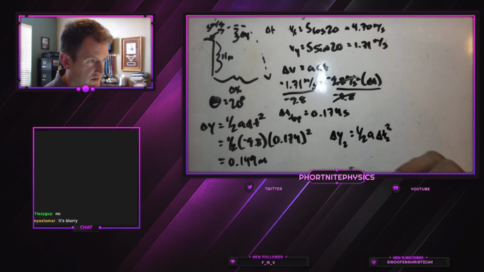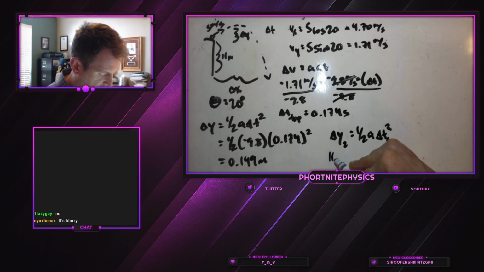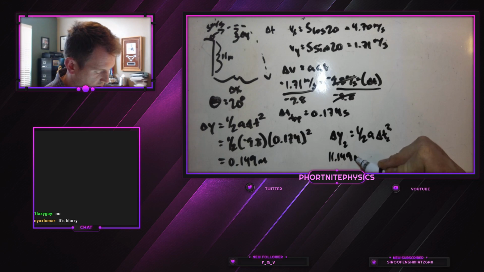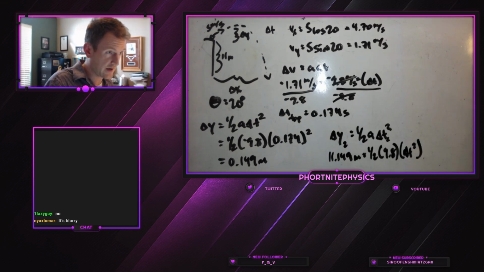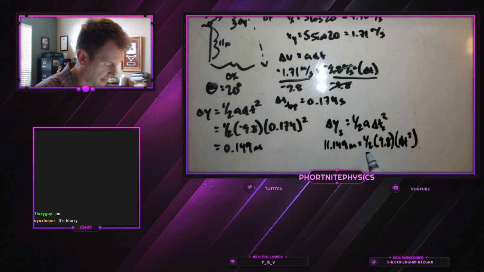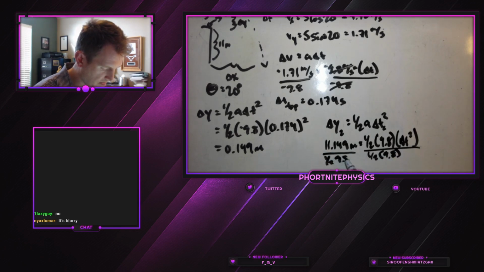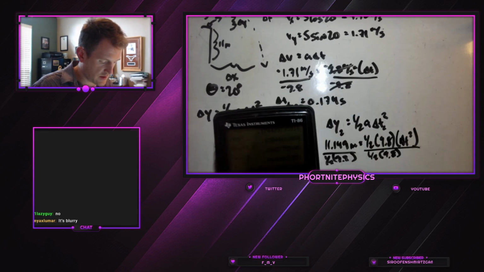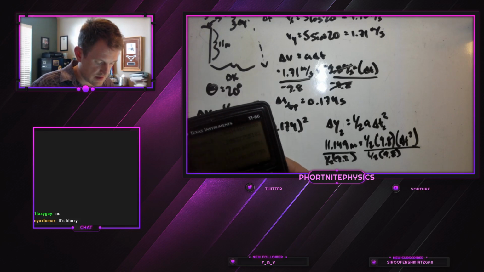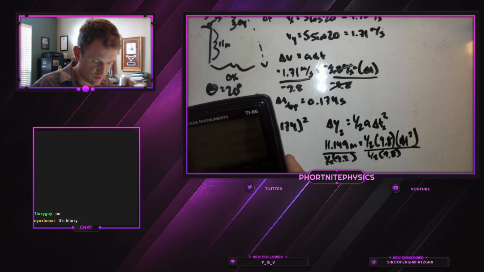Our delta y2 is this 11 added to this 0.149, so 11.149 meters equals 1/2 times 9.8 multiplied by the time squared. We divide both sides by 1/2 times 9.8, so 11.149 divided by 0.5 divided by 9.8.